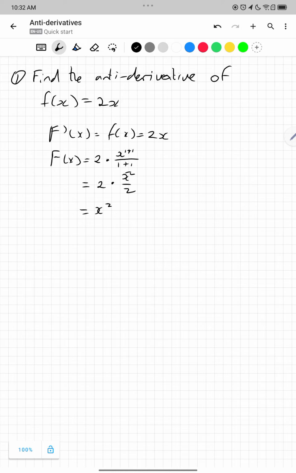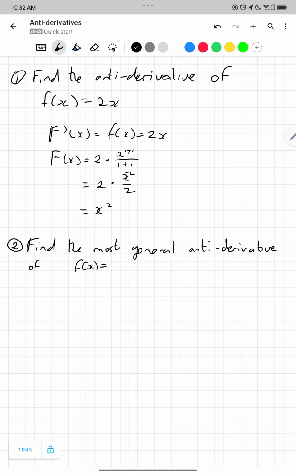Question 2: find the most general antiderivative of f of x is equal to 3x squared plus 2x plus 6. It's kind of the same format.